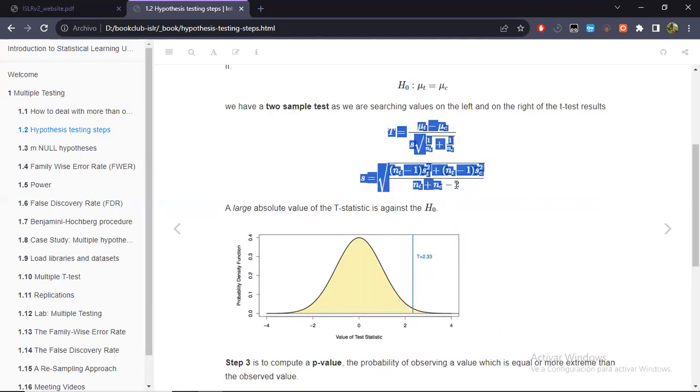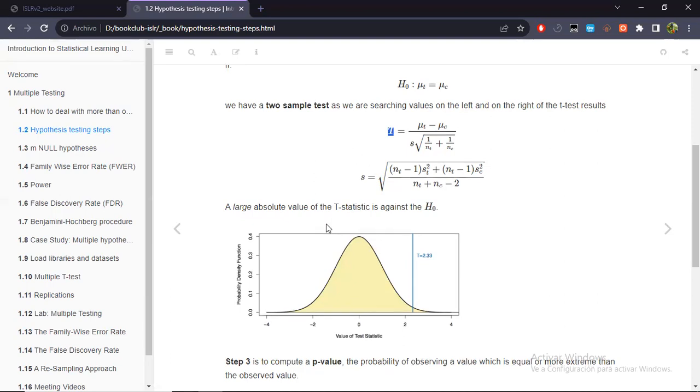Under certain conditions, for example, if the number of observations in the training sample and in the control group are big enough, then this value follows approximately a normal distribution with mean 0 and standard deviation 1.